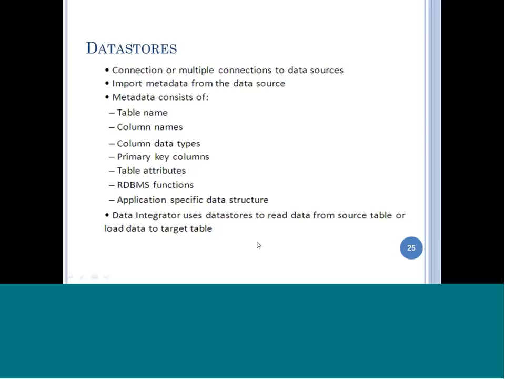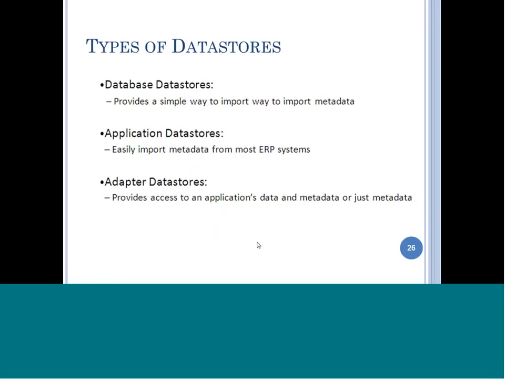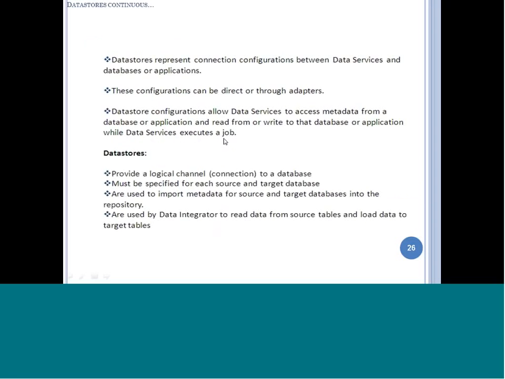Depending upon the source, the datastores are divided. They are mainly divided into database type datastores, application type datastores, and adapter type datastores, etc. When I say database, we have many databases, of course: SAP HANA and RDBMS systems like Oracle, SQL Server, DB2.